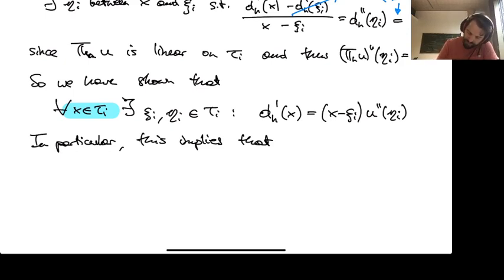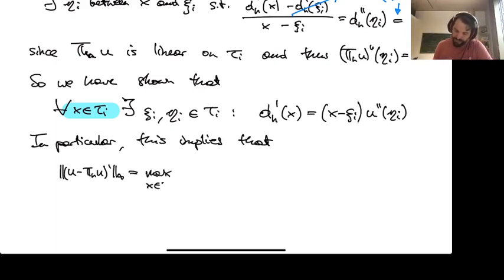So we can prove that u minus pi h u primed in infinity norm, which is defined to be the maximum over all x in tau I. Oh, yeah, that's why I did it this way, sorry. So first we take the maximum only over each element.